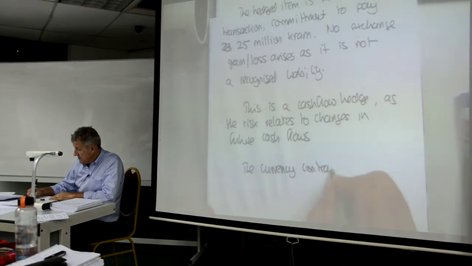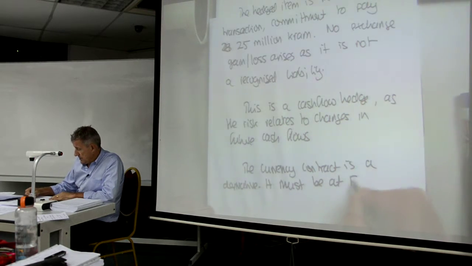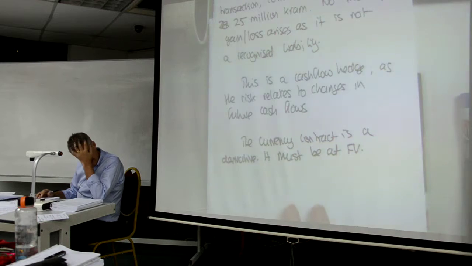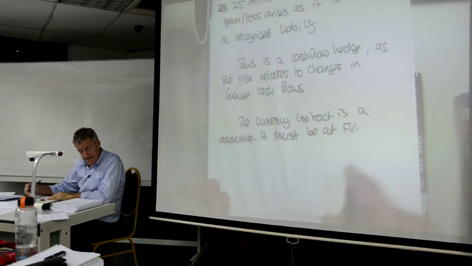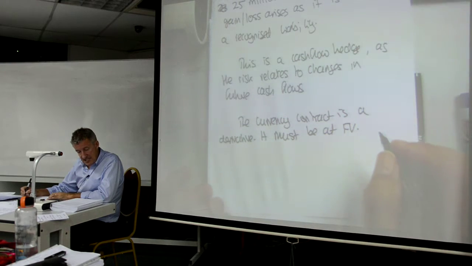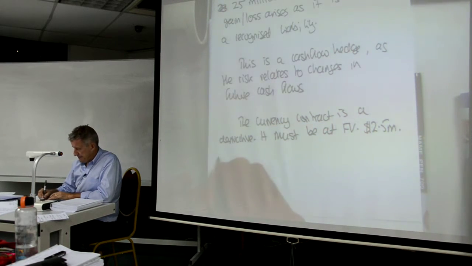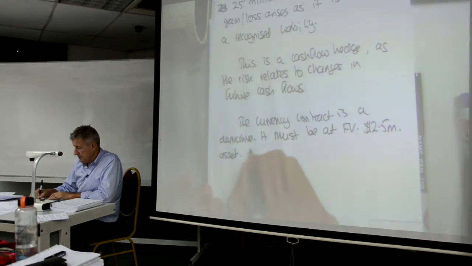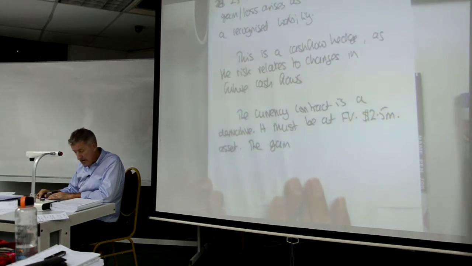A currency contract is a derivative. It must be at fair value. In this context, the fair value is 2.5 million, an asset.